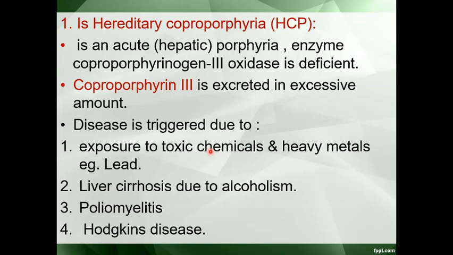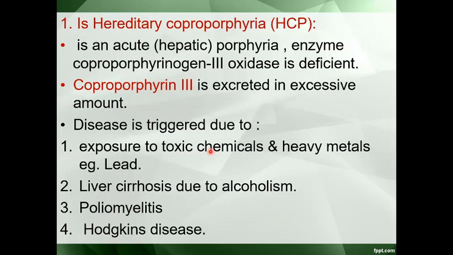Number one type is hereditary porphyria, an acute hepatic porphyria. We have just seen this earlier, okay? And we have put it in this category because it is triggered by some chemicals.